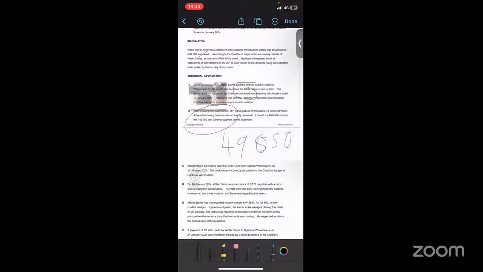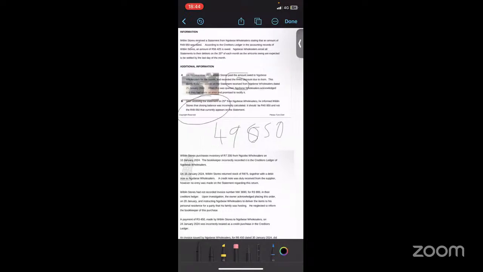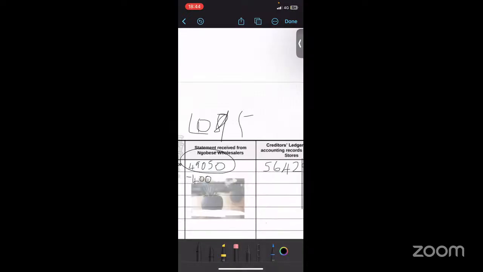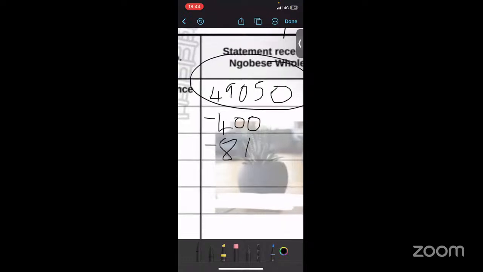And that means, because this one is more, it was supposed to be 40,950. So the difference is going to be minus 100 from here. Basically you're saying, how do we move from 49,000 to 40,000? You are minusing.